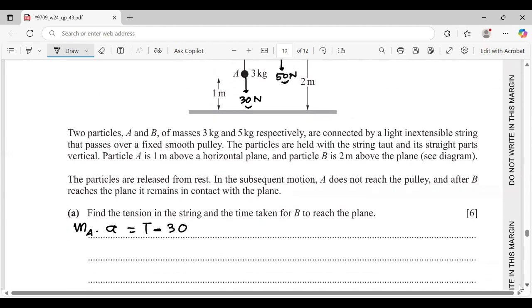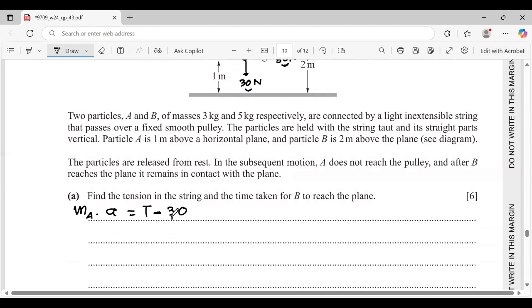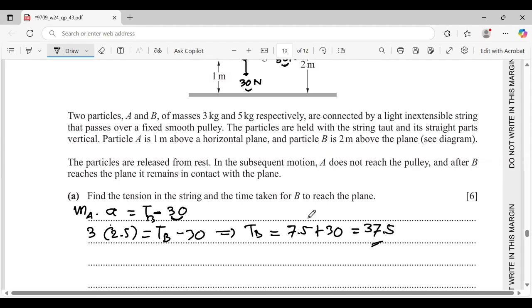So it becomes 3 times 2.5 equals tension on B minus 30. So the tension on B becomes 7.5 plus 30, which is 37.5. This is the tension on particle B.